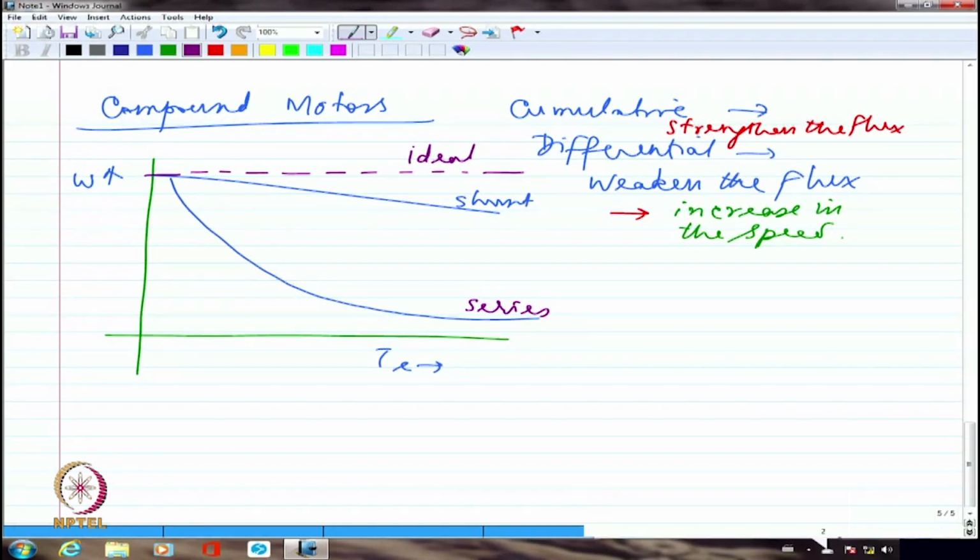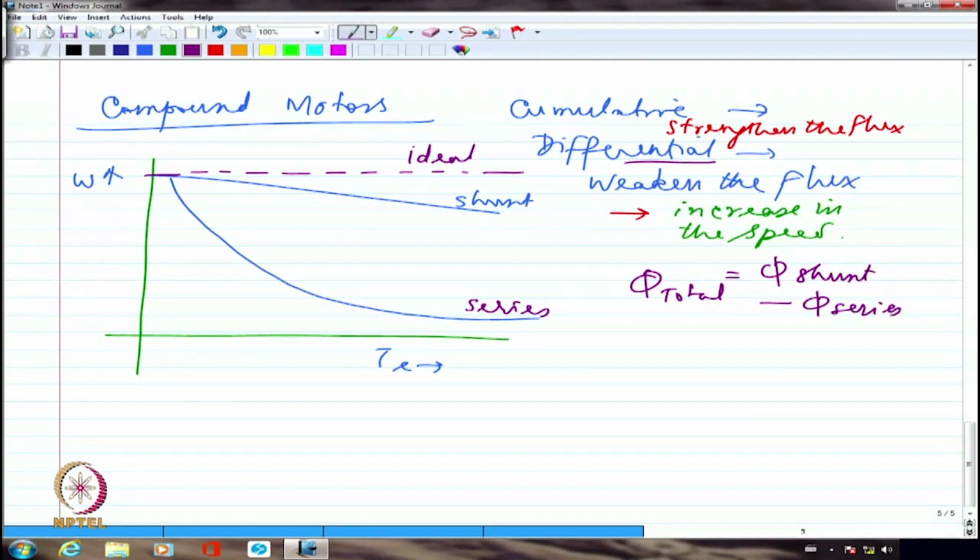If the series field current increases, then in the case of differential, more and more depletion of flux will take place, because phi total is equal to phi shunt, or main field, minus phi series. That is what happens in differential. Whereas in cumulative, phi total is equal to phi shunt plus phi series.